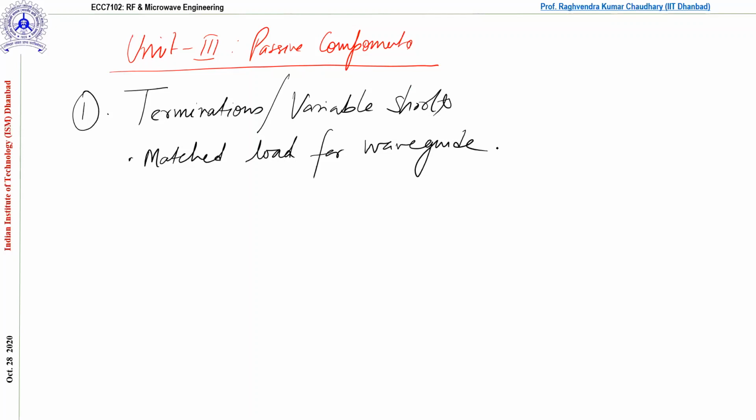Like in our previous classes, we have seen we are using short, load, matched, any kind of loads, and we perform several analyses of that. Now here we'll see the construction of these variable shorts, terminations, matched loads, and particularly their working as well. Separately we will be discussing all those things, and these are very important things you will have in a lab, that variable short circuit.